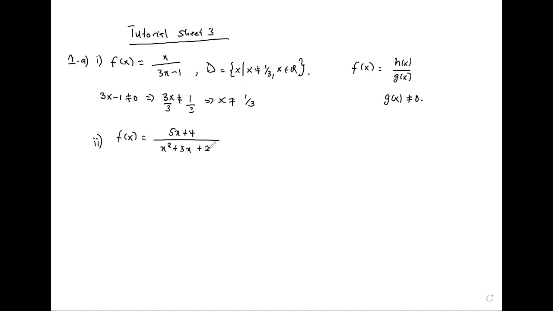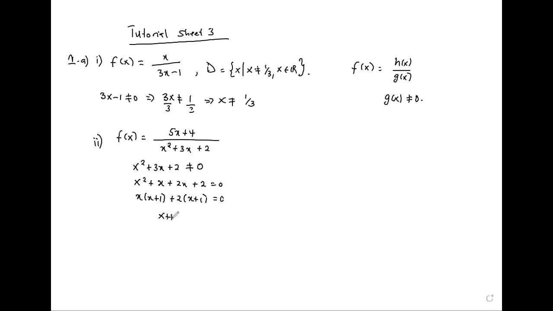Okay, so x squared plus 3x plus 2 should not be equal to 0. So if we solve x squared plus 3x plus 2, you would notice that what we are getting here is x squared plus x plus 2x plus 2 is equal to 0. x times x plus 1, plus 2 times x plus 1 is equal to 0.